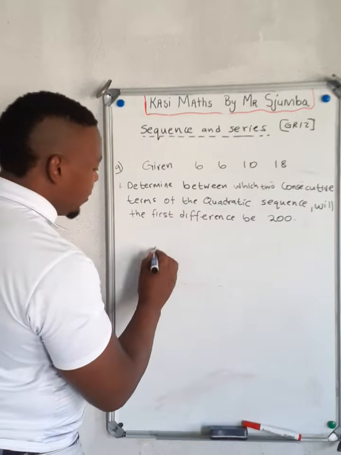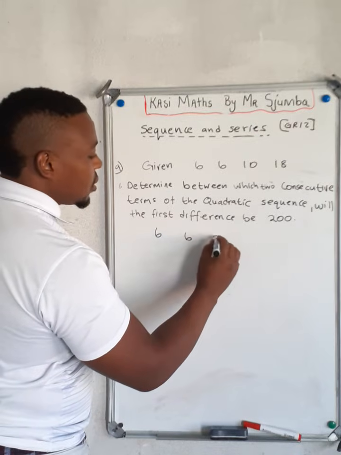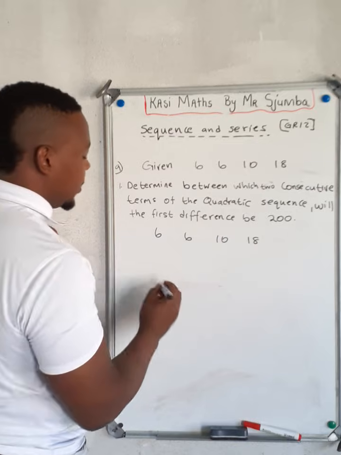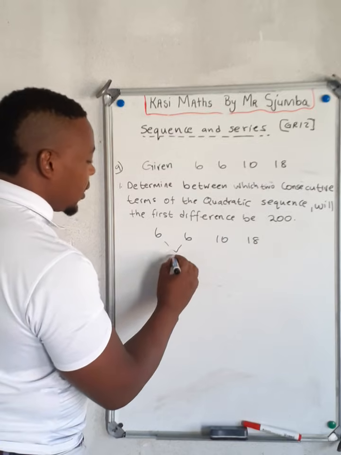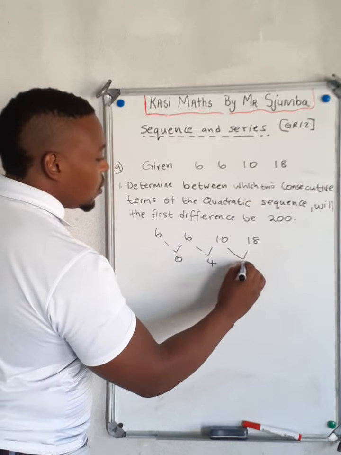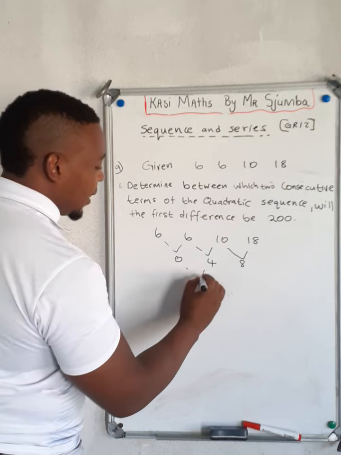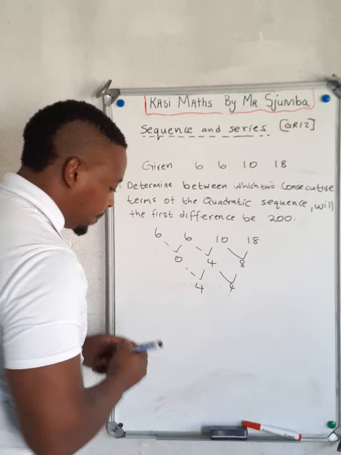Okay, so we have 6, 10, 18. This is the quadratic, and then the first differences will be 4 and 8. The second difference will be 4, 4.